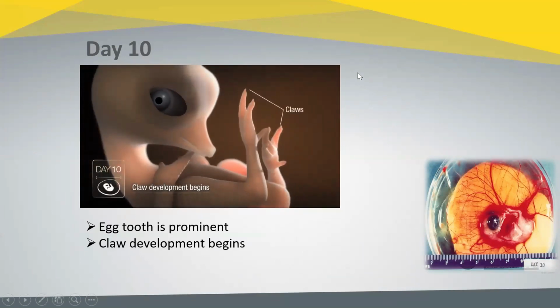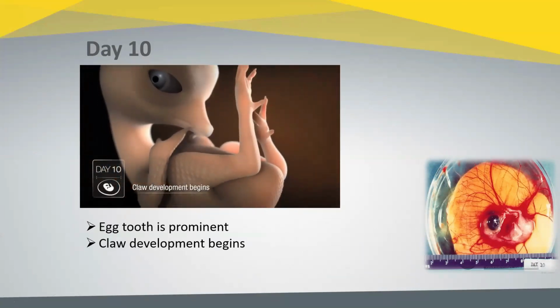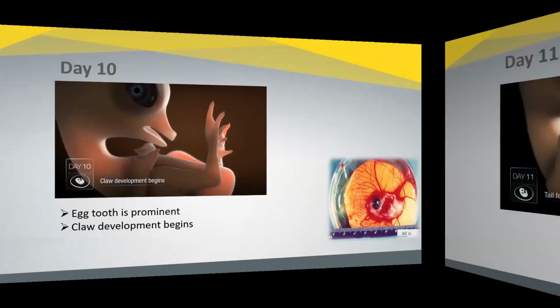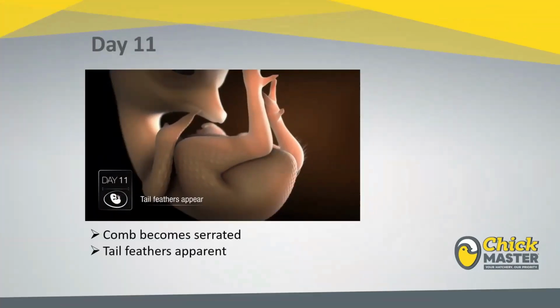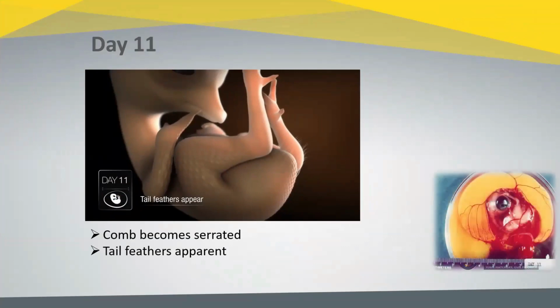Day 11, the comb becomes serrated, and you'll start to see the tail feathers will be very apparent at this stage.